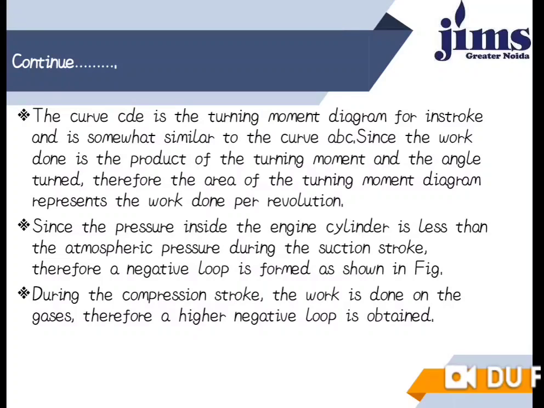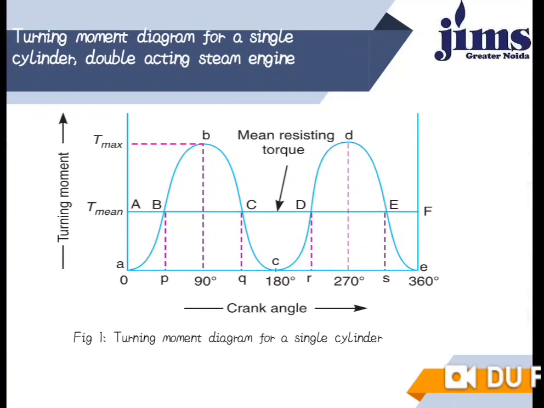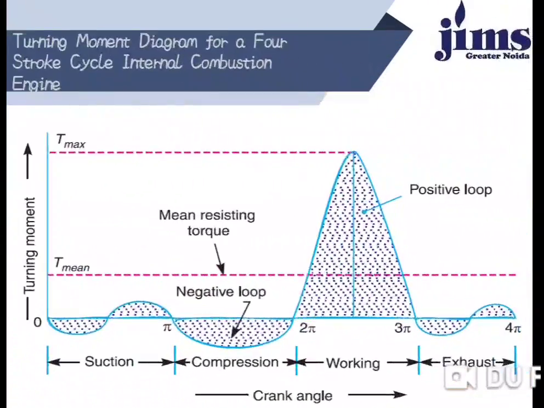Since the pressure inside the engine cylinder is less than the atmospheric pressure, we can see a negative work done. Okay, now I am going to discuss the turning moment diagram for a 4-stroke cycle internal combustion engine.